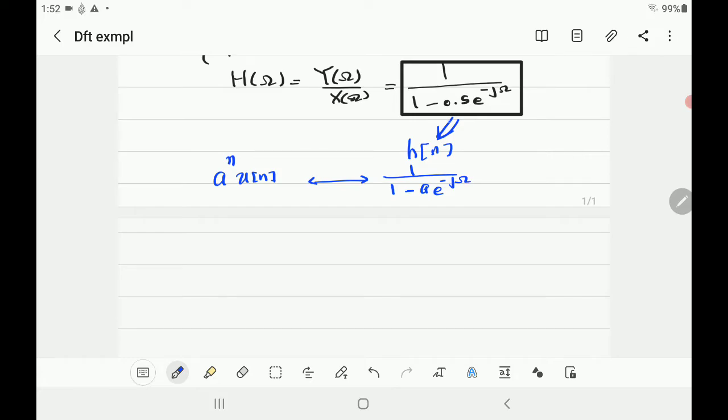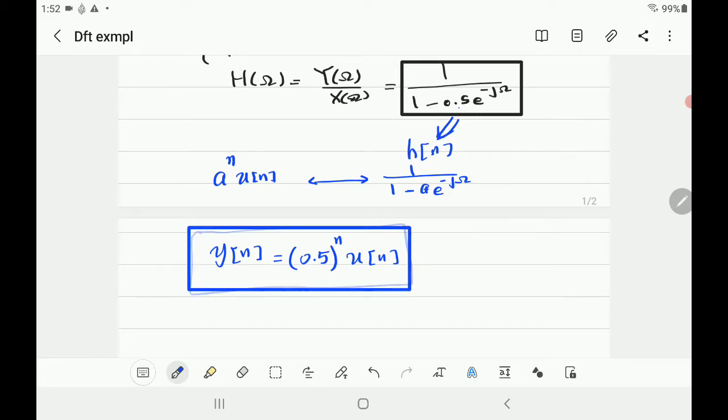So in this case, a is equal to 0.5. So you can write directly that h of n will be equal to a, which is 0.5, to the power n u of n. So that's the impulse response of the system in the time domain.